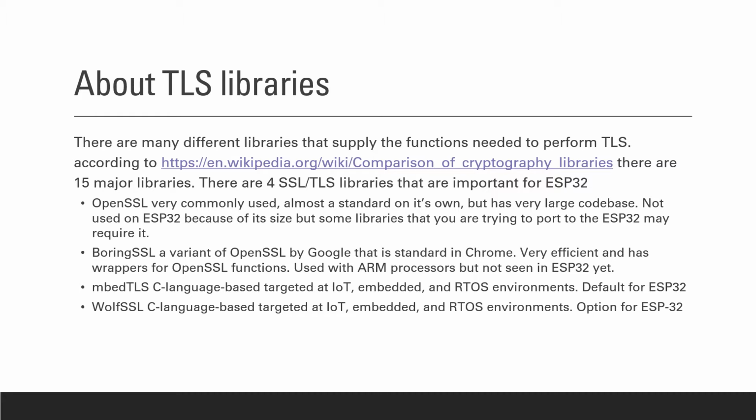OpenSSL is very important because it's so commonly used. So if you find an application you're trying to port onto the ESP32, it most likely uses OpenSSL functions. And so you go, okay, let's put in OpenSSL and provide that on the ESP.